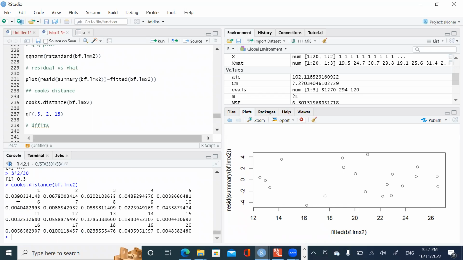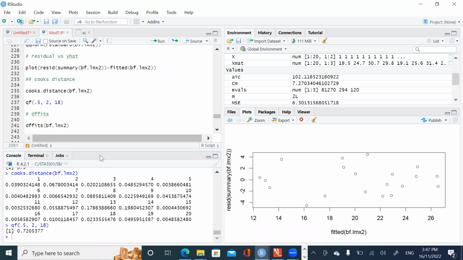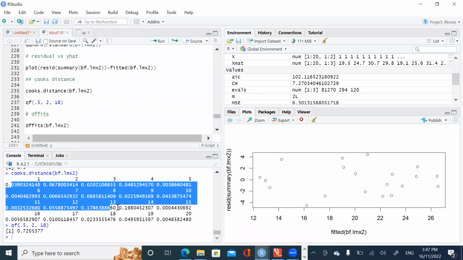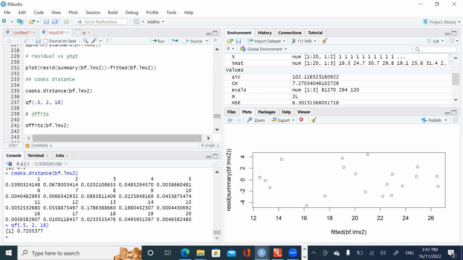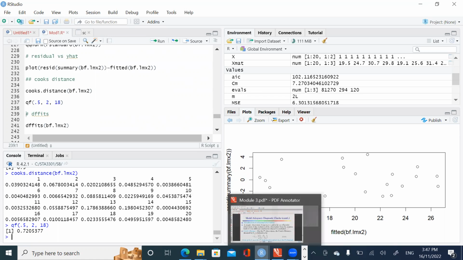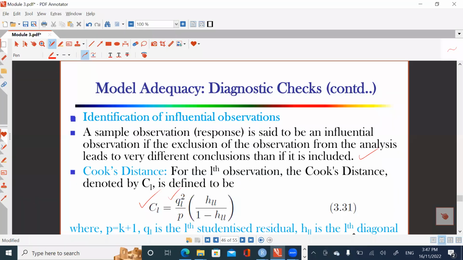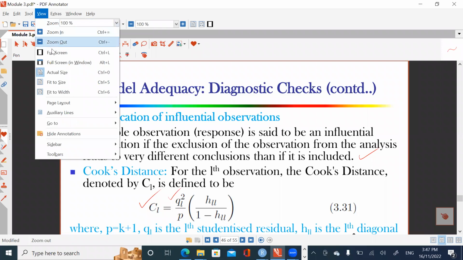If any of these Cook's distance values is greater than F 0.5, P, N minus P, then that would be an outlier. Now look at whether any observation is greater than 0.72. None of them is greater than 0.72, so in this particular case we don't have any influential points. An influential point in this case means that if we delete that observation, the parameter estimates will change.